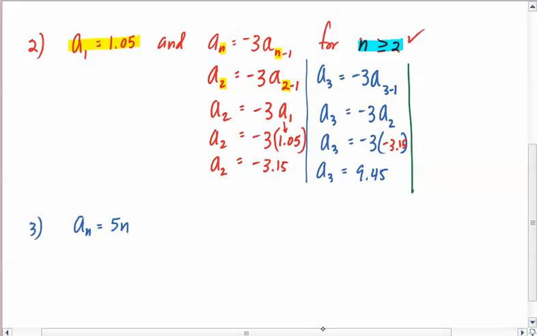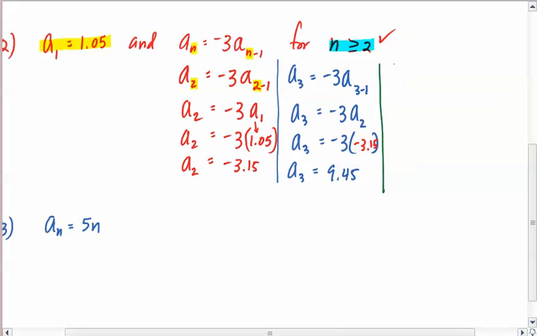Okay, we're going to find the next one, a sub 4. Now, you could do a whole list of these just by realizing that every time we're multiplying the previous one times negative 3 to get the current one. So I'm just going to go ahead and keep using the formula, though.